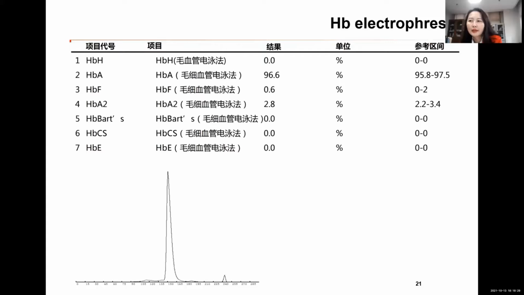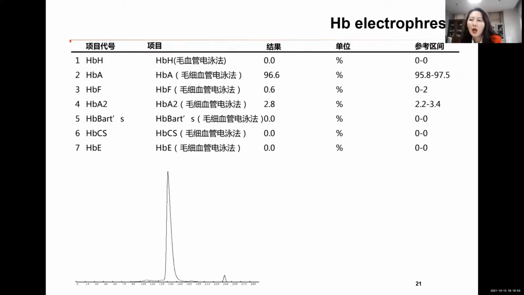His hemoglobin electrophoresis showed the proportion of hemoglobin A was 96.6%. Fetal hemoglobin and hemoglobin A2 are normal.